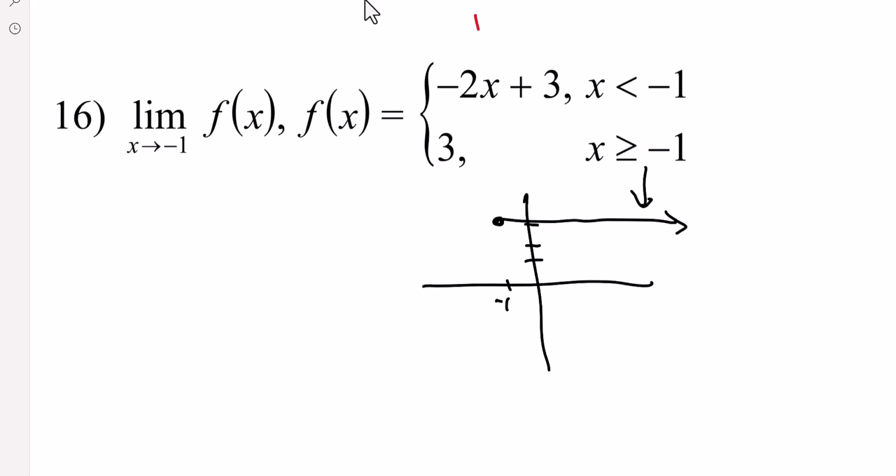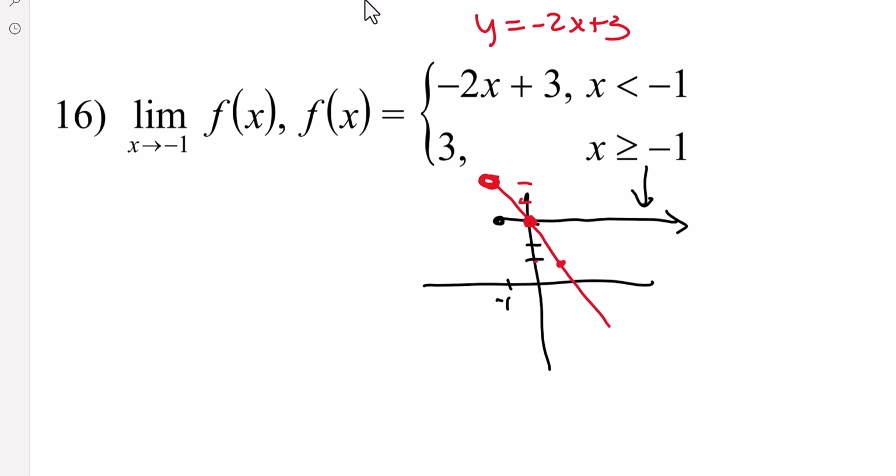So this is y equals -2x plus 3. So we're going to go up here, 3, and then the slope is down -2 over 1. So down 2 over 1, up 2, back 1. I'm going to put a hollow dot there. And that graph is going to look like that.